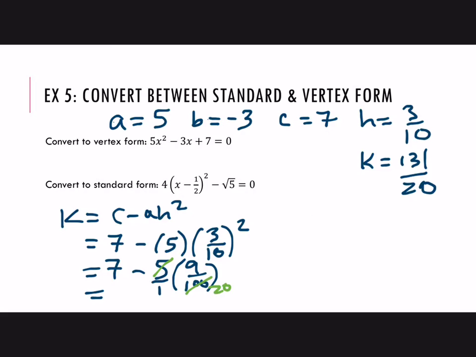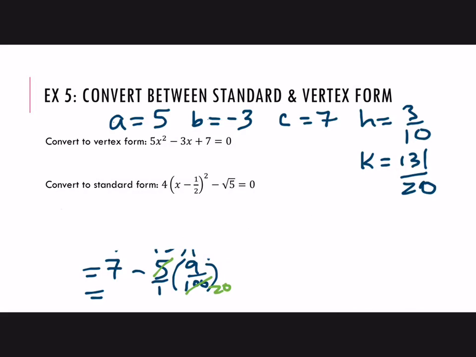So anything else that goes into 20 is going to have to be a multiple of 2's or 5's. So I don't really need to check those since I know that 2 and 5 don't work to reduce this fraction. Alright, so that is in lowest terms. Basically, if the numerator and denominator don't share any prime factors, then that's an irreducible fraction.